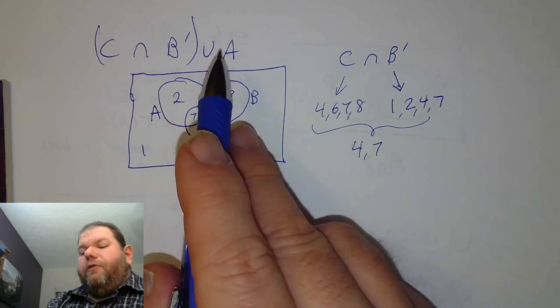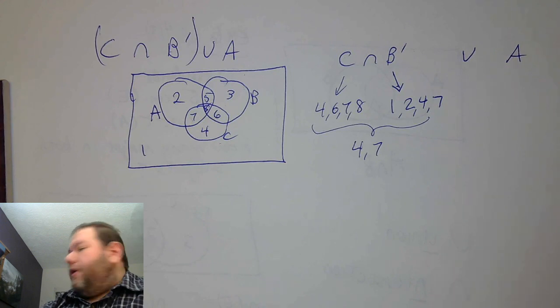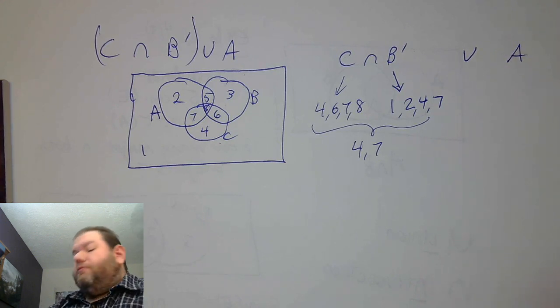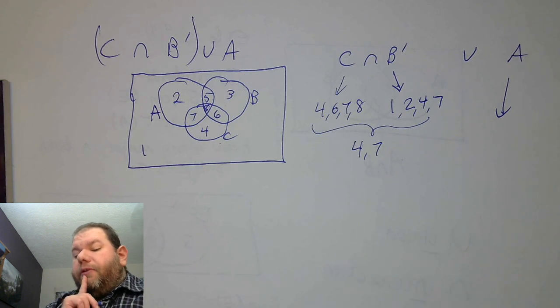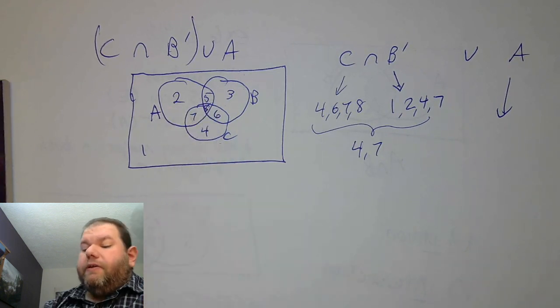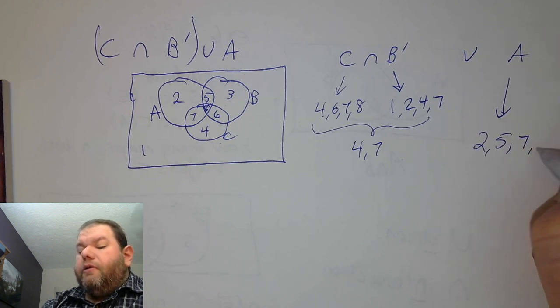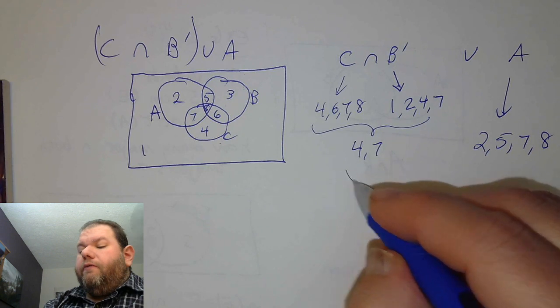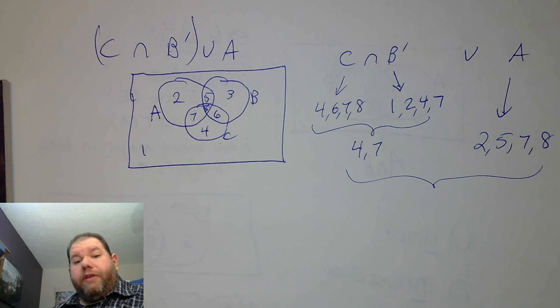Okay, now we still want to union that with A. So A encompasses, let's see, we have 2, 5, 7, and 8. So if we take the union of those now, what would that give us?